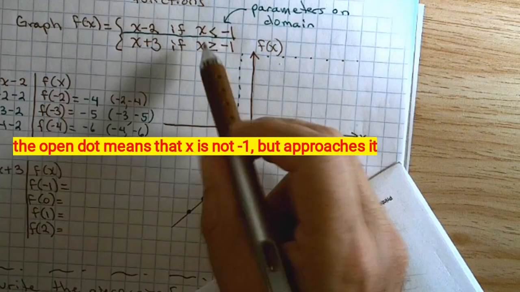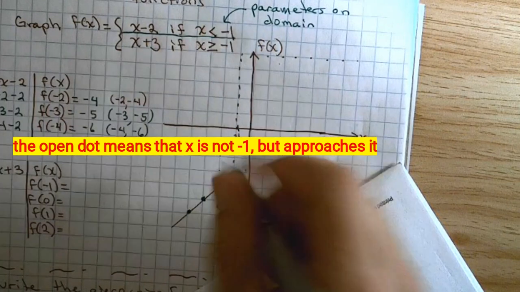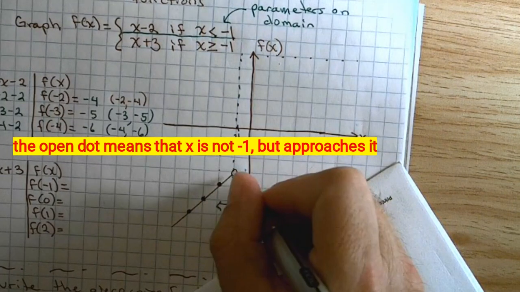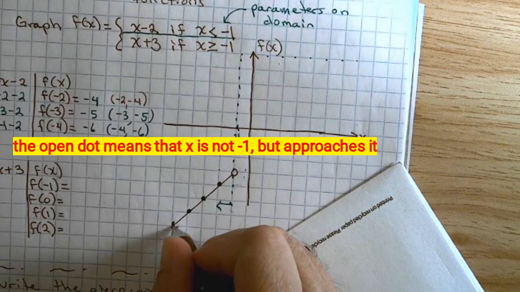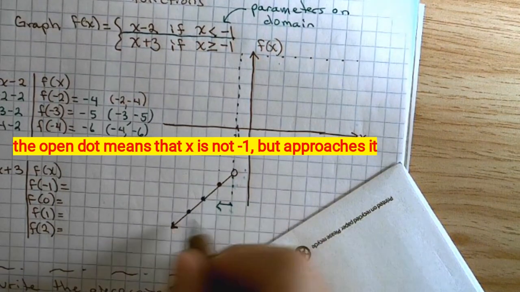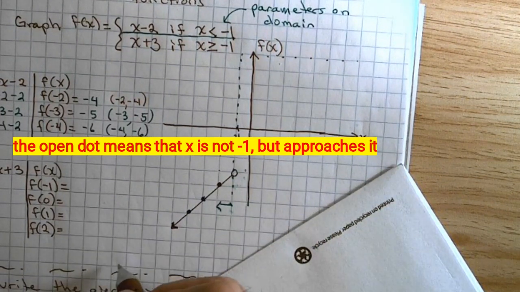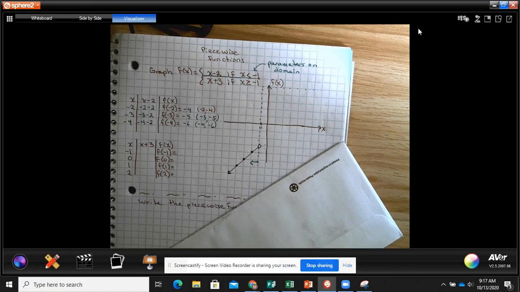But because x is not equal to -1, I'm going to put an open dot right there. And I could keep going with our x values on into -infinity. That was the first part of our graph.